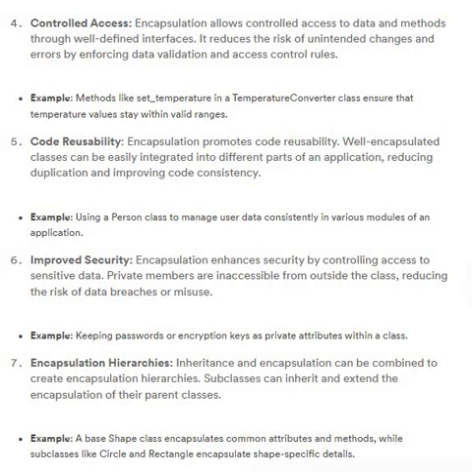Controlled access: you can access them through well-defined interfaces. Code reusability, of course, this is the best one for inheritance. And improved security: the private members are inaccessible from outside the class.